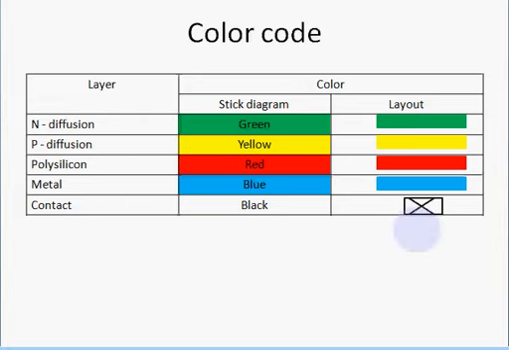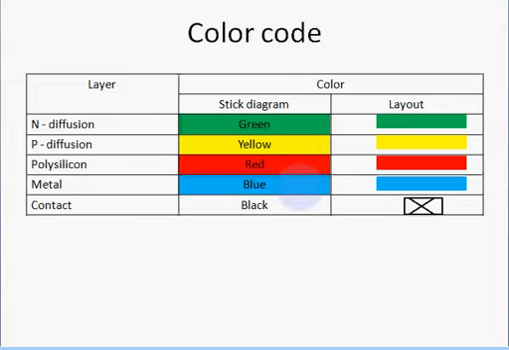Now look at this part of the table. For the N diffusion we are going to use green. These are the standard rules mentioned in various references or textbooks. For the P diffusion we are going to use the yellow color. For polysilicon we are going to use red.